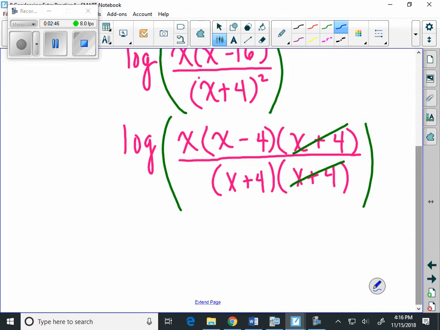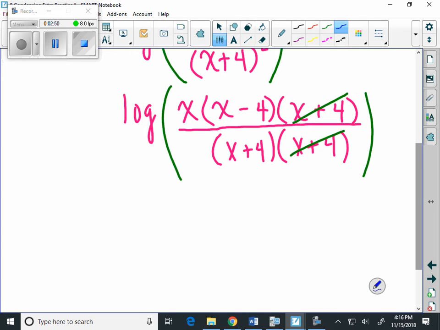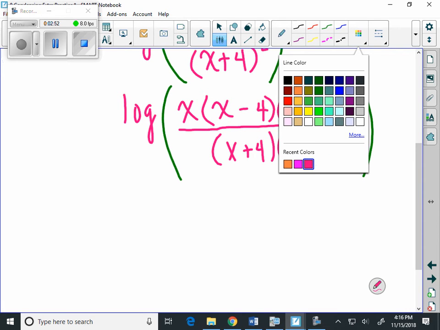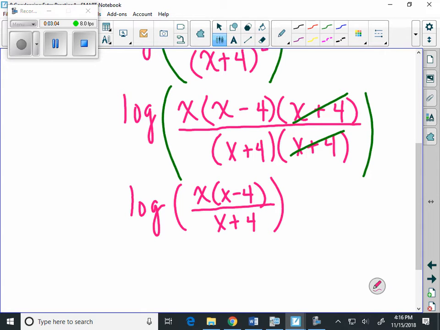And now that we have that, we're again simplifying. We want this in simplest form so we can finish with x times x minus 4 divided by the x plus 4. Again, our goal in condensing is to make sure that we end up with just one logarithm.